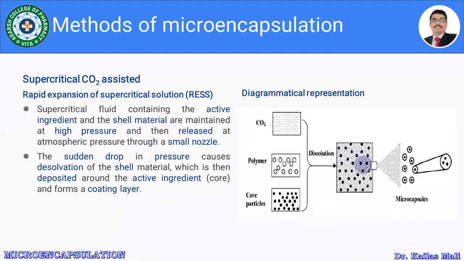The sudden drop in pressure causes desolvation of the shell material, which is then deposited around the active ingredient, that is the core, and forms the coating layer. Thereby we get the microcapsules.